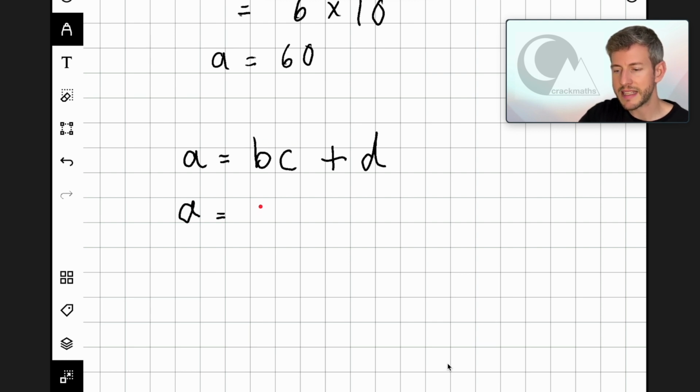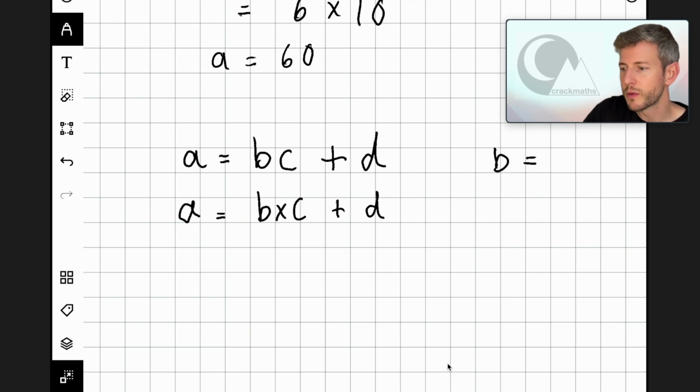So this means A is B times C, and then we're going to add on D. Let's have B equals 5, C equals 3, and D equals 9.